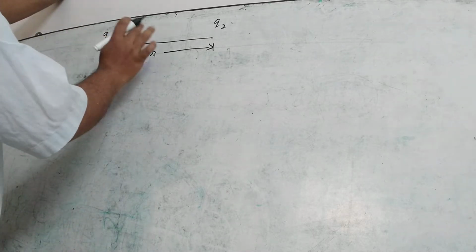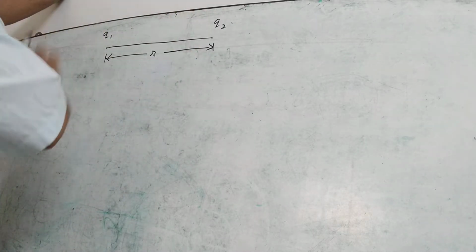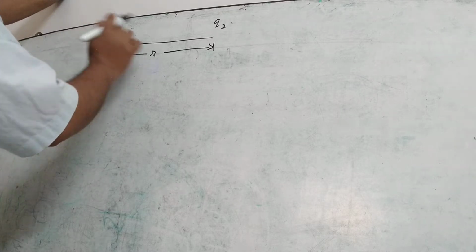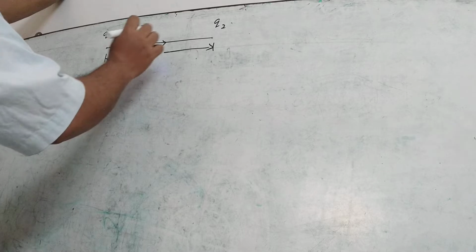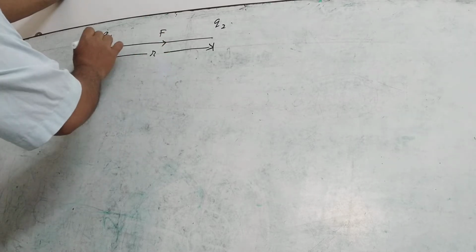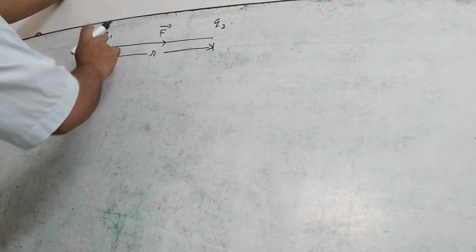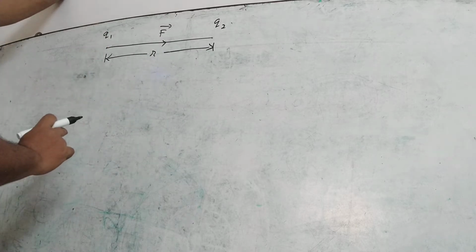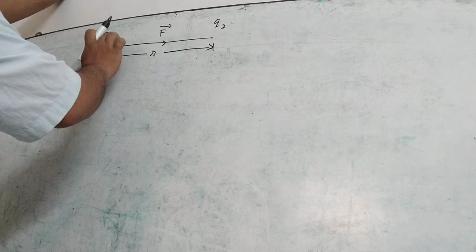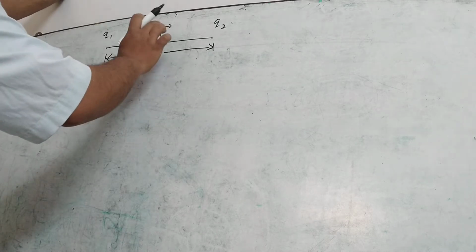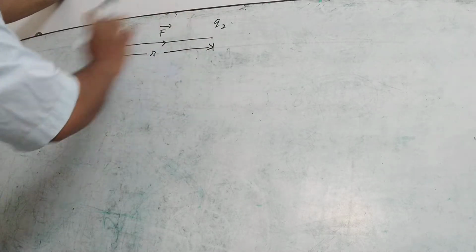If the force on Q2 due to the charge Q1 is F, then F acts from Q1 to Q2 because it is a repulsive force, and Q1 produces force F on Q2.